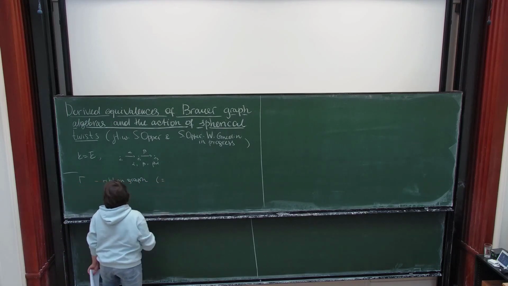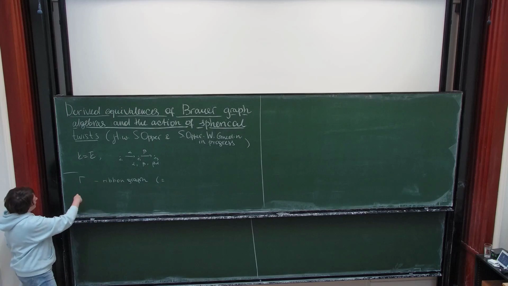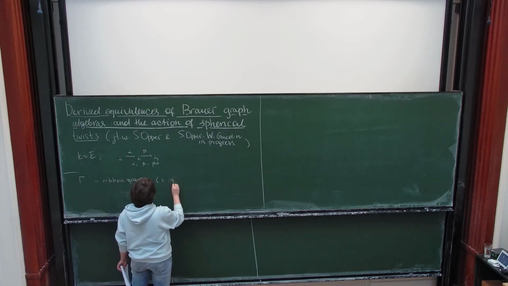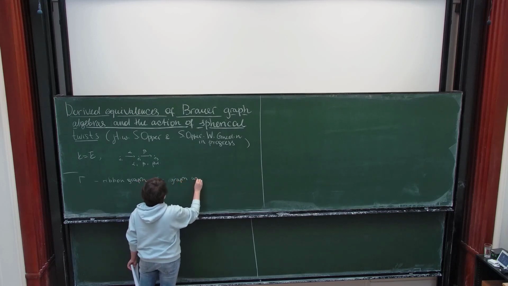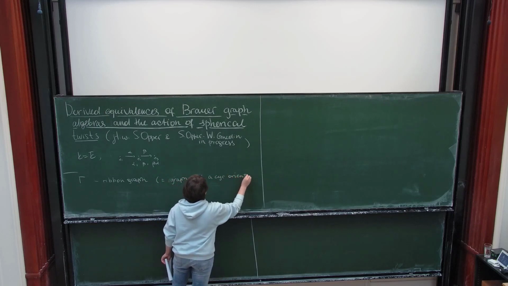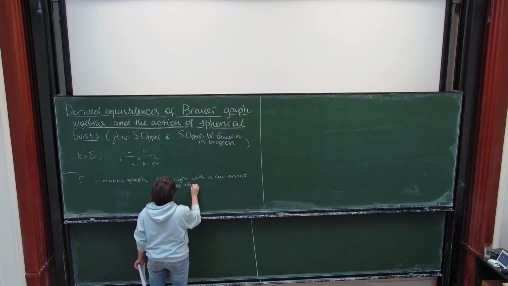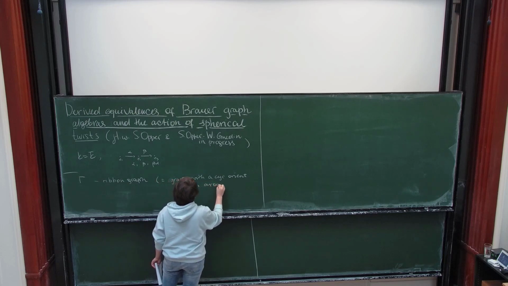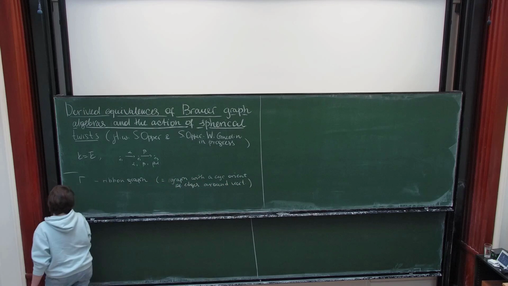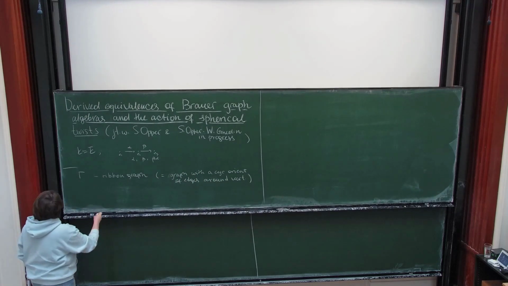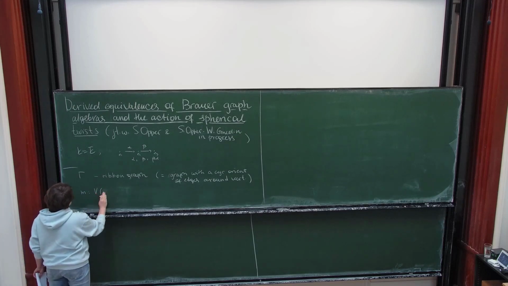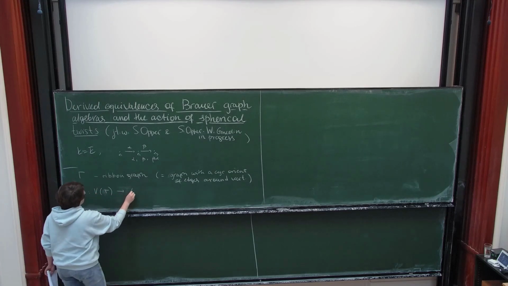So this is a graph with a cyclic orientation of edges around each vertex. This is going to be a finite graph, and a multiplicity function m from the set of vertices of gamma to natural numbers.